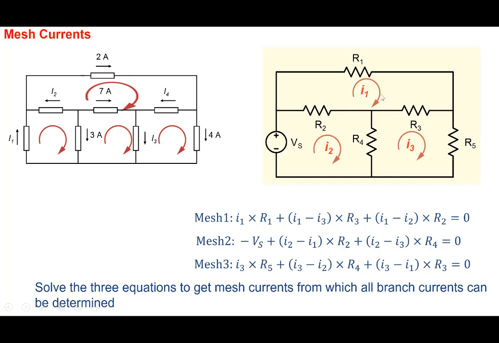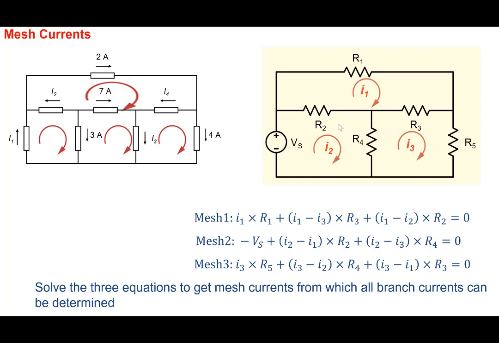And note that once you get I1, I2, I3, you know all the branch currents. The moment you know I1, you know the current in R1. If you want the current in R2, well, we already said it is going to be I1 minus I2. The current in R5 is going to be simply I3. The current in R3 is going to be I3 minus I1. And like that, you'll be able to get all the branch currents.